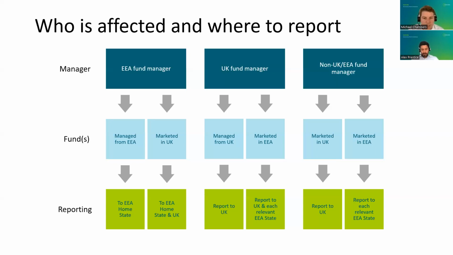The reason I've separated the UK out there, it will become a bit clearer on some future slides, but essentially it's ever so slightly different to report to the UK than it is to the rest of Europe now. But if your manager is outside the EEA and UK, you report everywhere in which those funds are marketed. So that's who has to report and where you have to report.